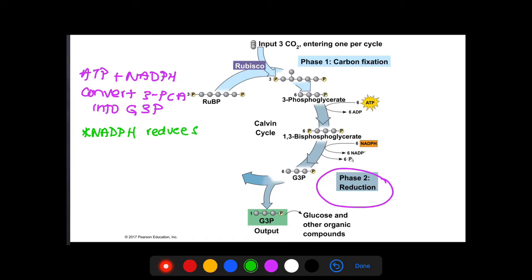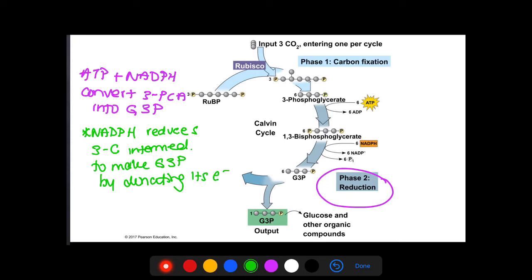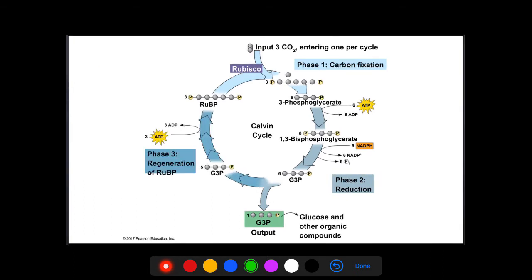So I'm going to write that down. NADPH reduces the 3-carbon intermediate to make the G3P by donating its electrons. So this is reduction.